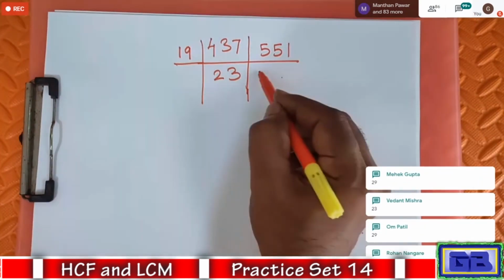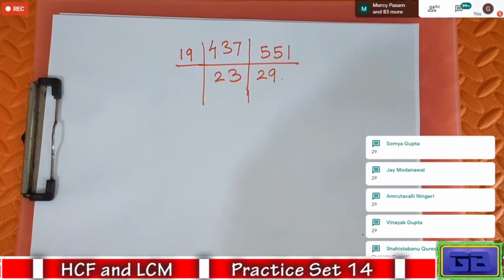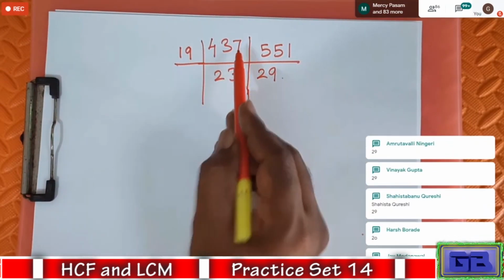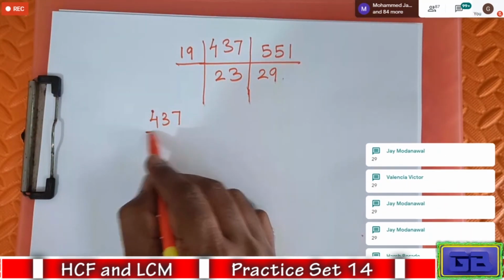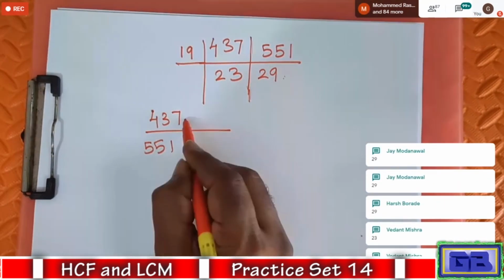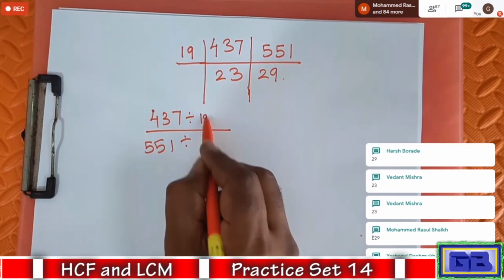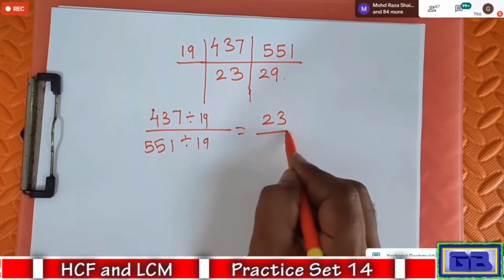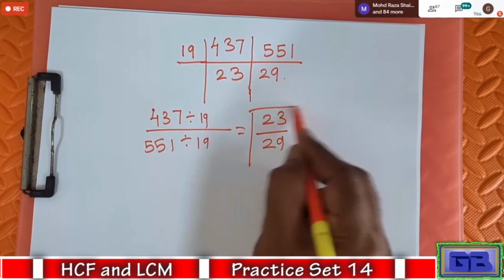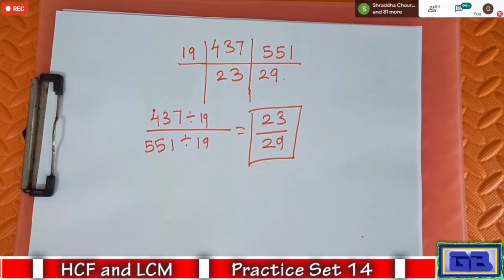Yes, very good, 29. So 437 upon 551, both numbers divided by 19. Answer is 23 upon 29. That's all for today's lecture. Thank you very much.